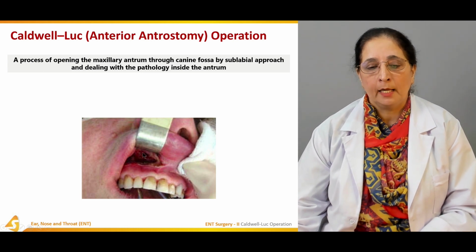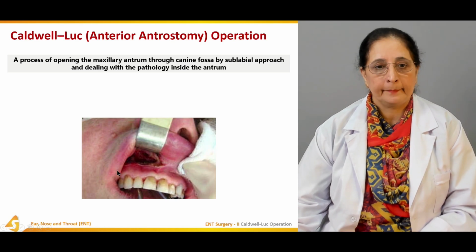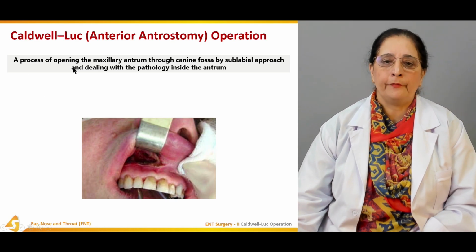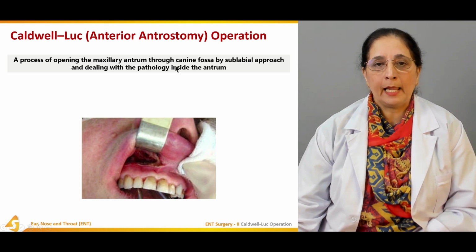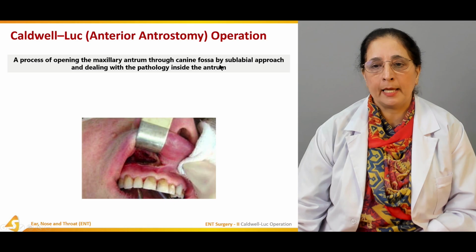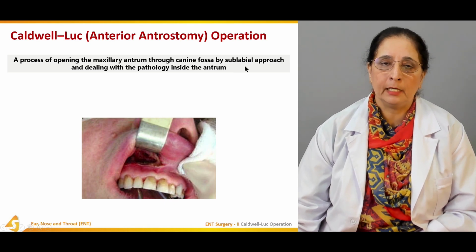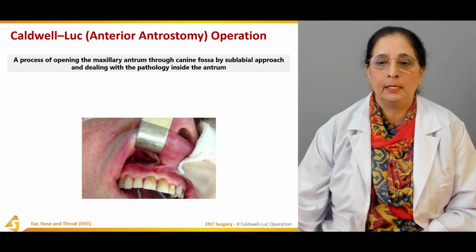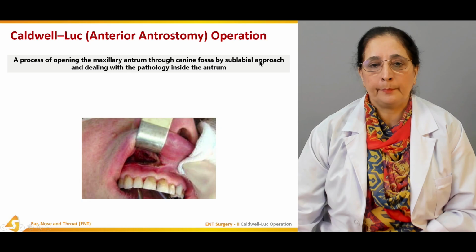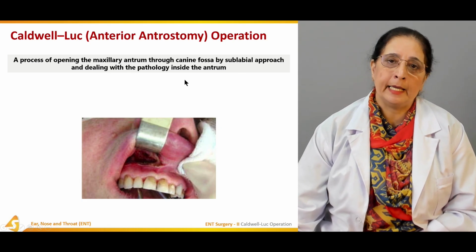If you see, that's the place from where the opening is created. So it's the process of opening the maxillary antrum through canine fossa by sublabial approach, below the lip, and dealing with the pathology inside the antrum.